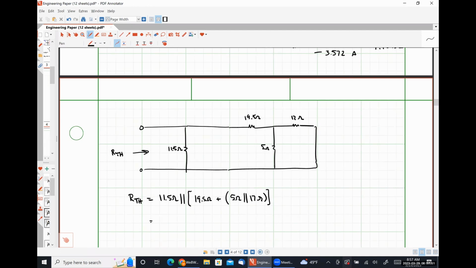So 19.5 plus 5 times 17 over 5 plus 17, I'm going to store that as X, and then 11.5 times X over 11.5 plus X, 7.707 ohms. So it appears we've done everything correctly.